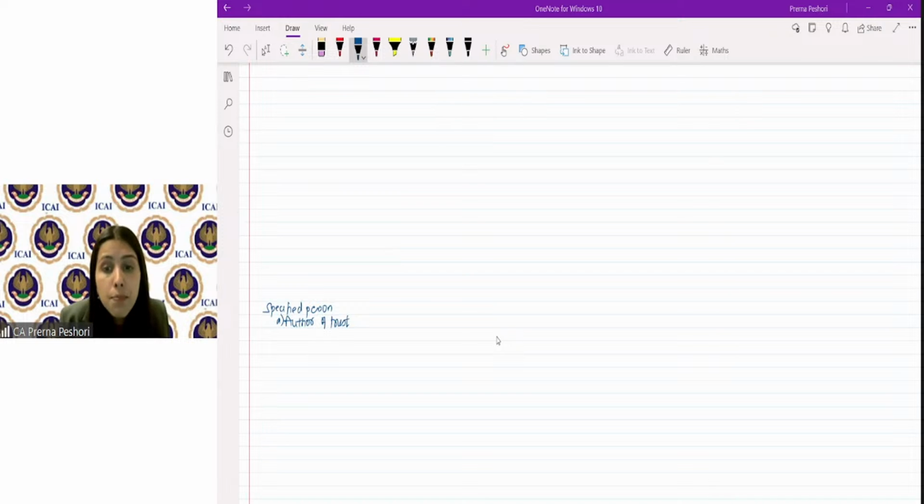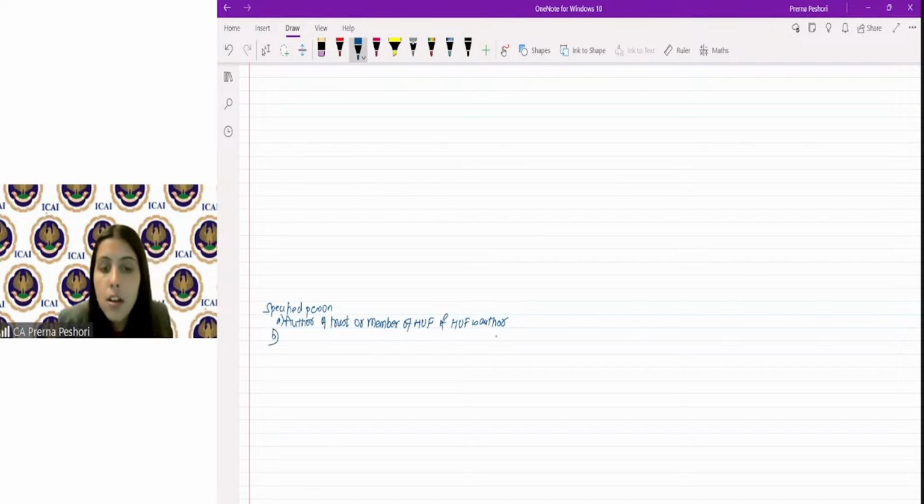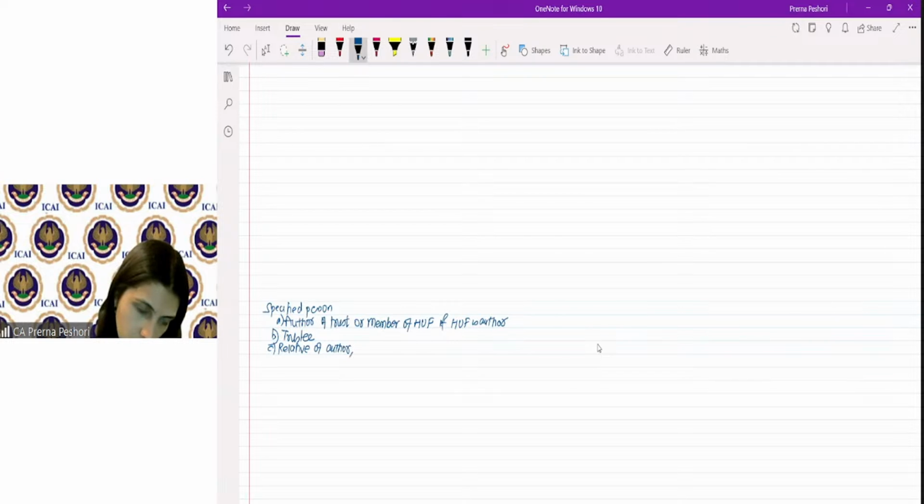Where the author is an HUF, any member of the HUF. Then any trustee or the manager of the trust. So the trustee is a related person. Then any relative of the author, founder, trustee or manager. Any relative of these persons.